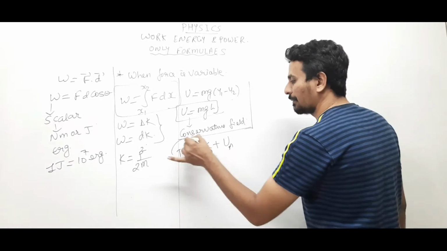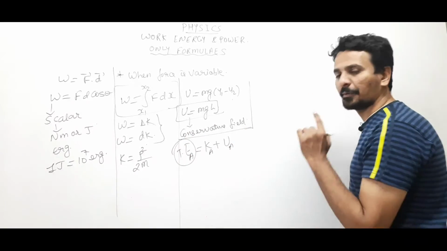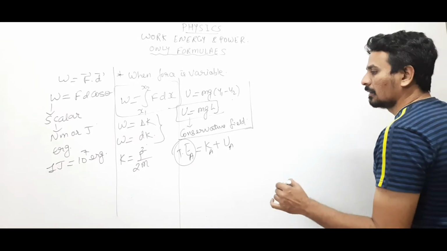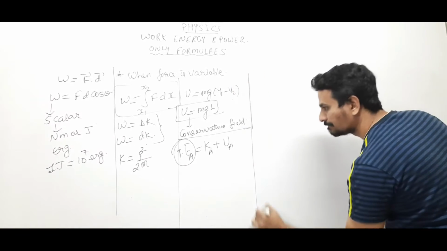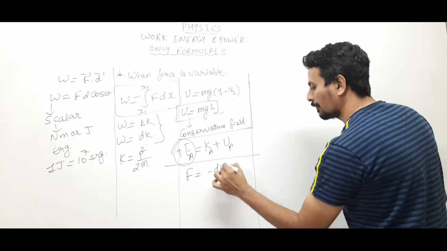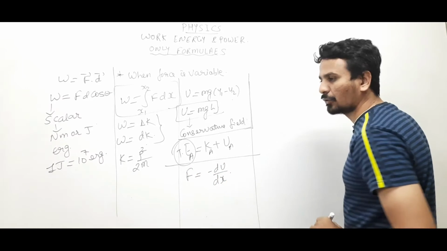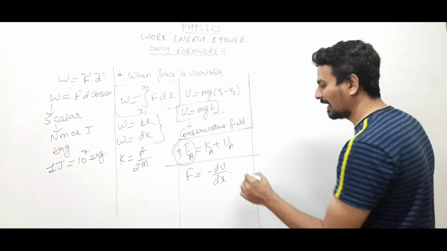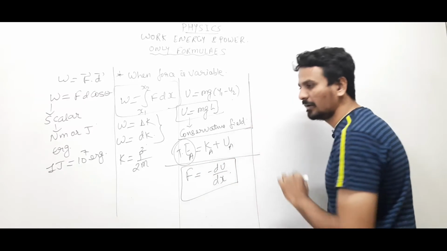So this will always remain constant, and at any points you can compare the total energy. Now, the negative of the rate of change of potential energy with respect to distance will give force. F equals minus dU by dx. This is also an important formula.